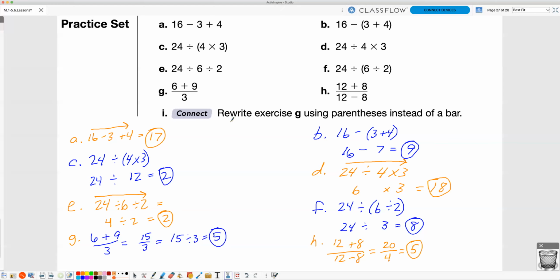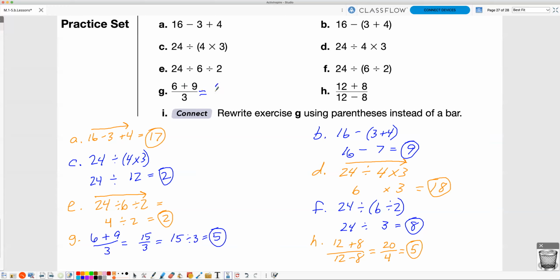And then letter I, it says rewrite exercise G using parentheses instead of a bar. So if you're going to rewrite exercise G, that might look like this. This would be 6 plus 9 divided by 3.